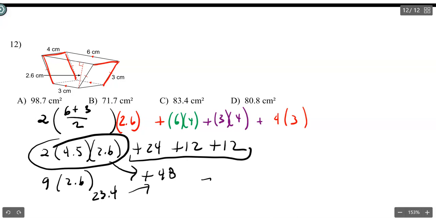I'm just trying to challenge myself a little bit, which comes out to be 71.4. Why am I getting 71.4? Let's go back and see what I did wrong. 2 times 4.5 is 9. That's 18. 5.4. 23.4.